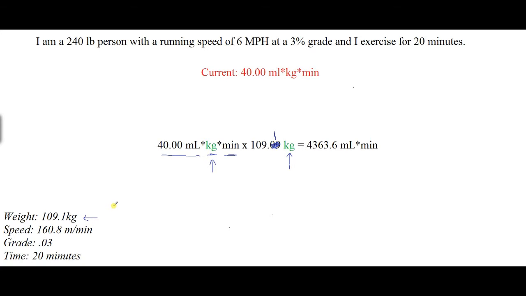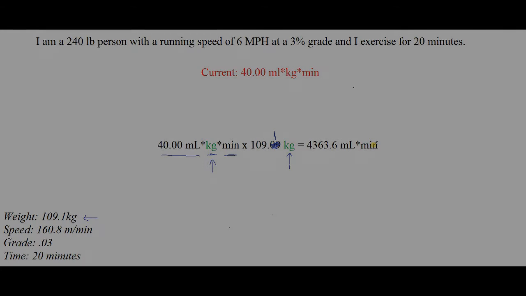I just rounded, so it's no different. It should be right. So 109.1 kilograms, and that's going to give us roughly 4,363.6 milliliters per minute. So now we've equated for weight. We've taken into consideration weight, and now we can move on to the next step.